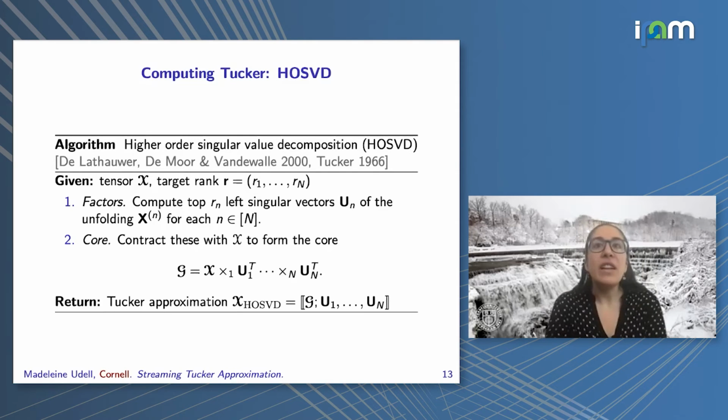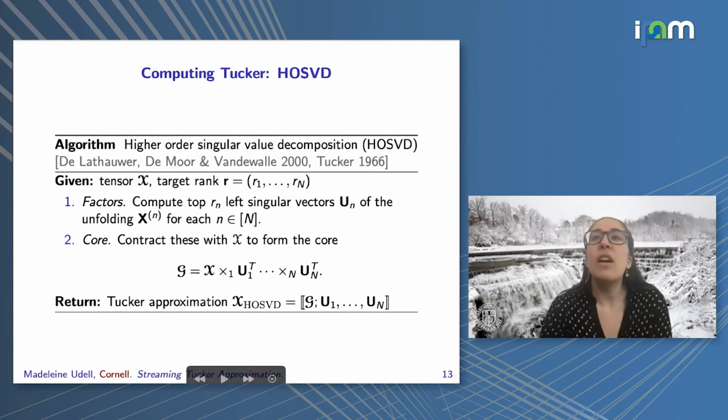There's a classical algorithm that goes all the way back to Tucker in 1966, but was really popularized by De Lathauer and co-authors around 2000, which is the higher order singular value decomposition. So how does this work? For each unfolding of the tensor, I'm going to compute the top Rn left singular vectors of that unfolding. I'm going to contract these again with my original tensor X to form the core of my tensor. The result is a Tucker approximation.